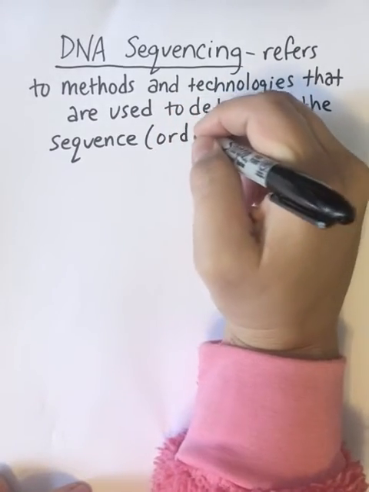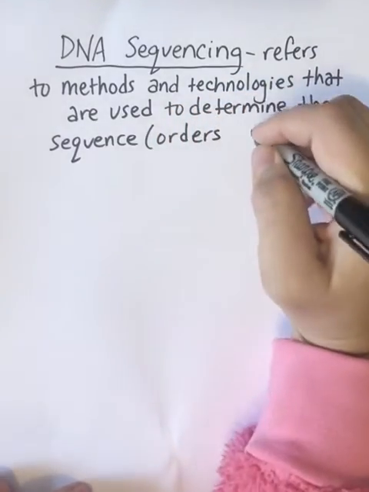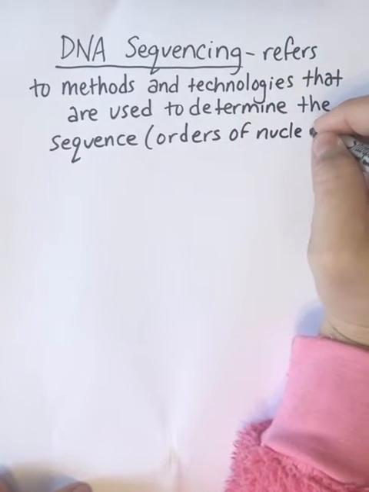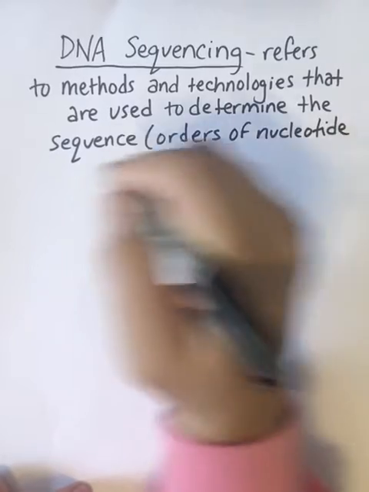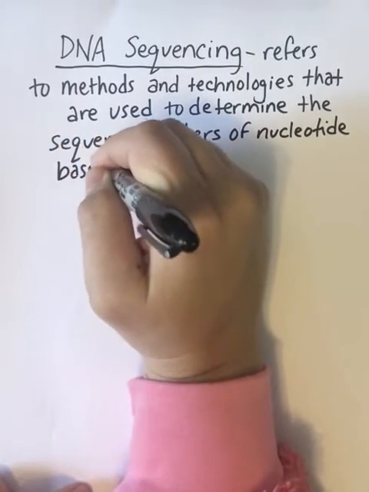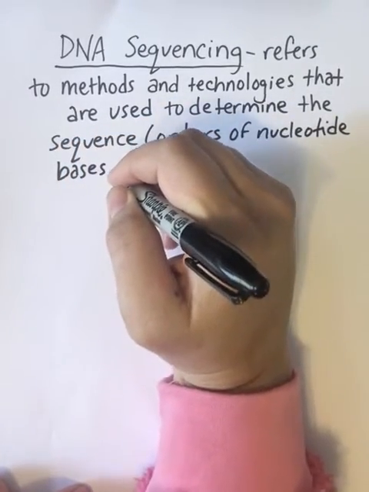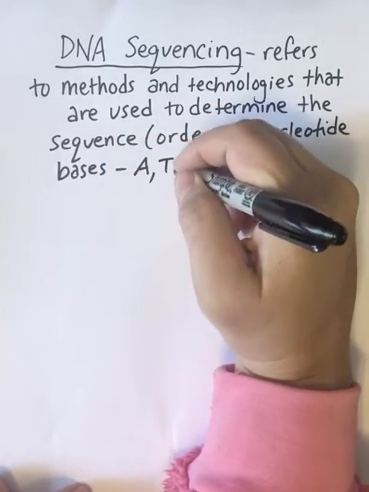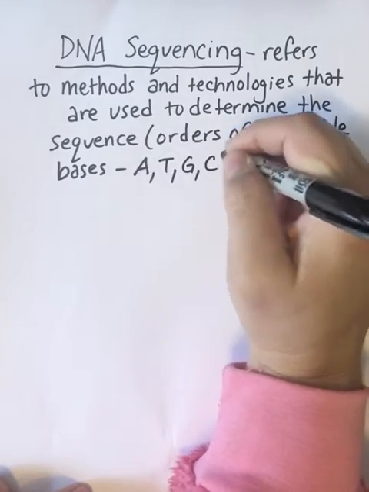And when we say sequence, we want to know the order of nucleotides, bases, which are going to be adenine, thymine, guanine, and cytosine.